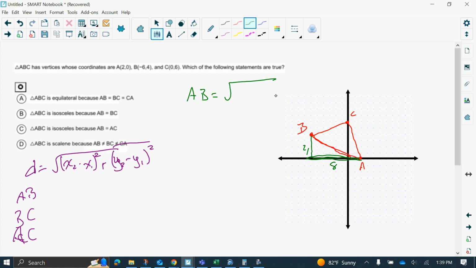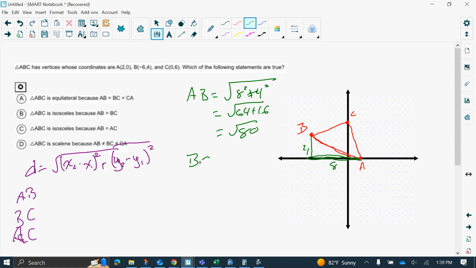So that's 8 squared plus 4 squared. And so that's 64 plus 16. And so that's square root of 80. Now, I can figure out what the square root of 80 is, or I can leave it like that. Since I'm just checking to see if they're equal or not, I'm going to leave it like that.